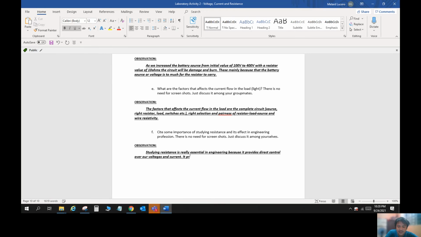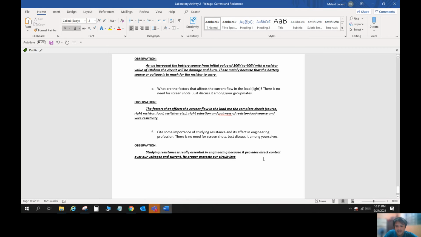It protects, we can say that it protects our circuit. Its proper selection protects our circuit.